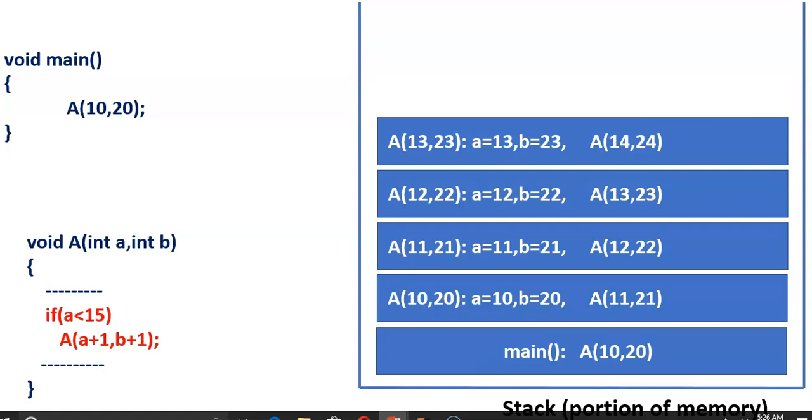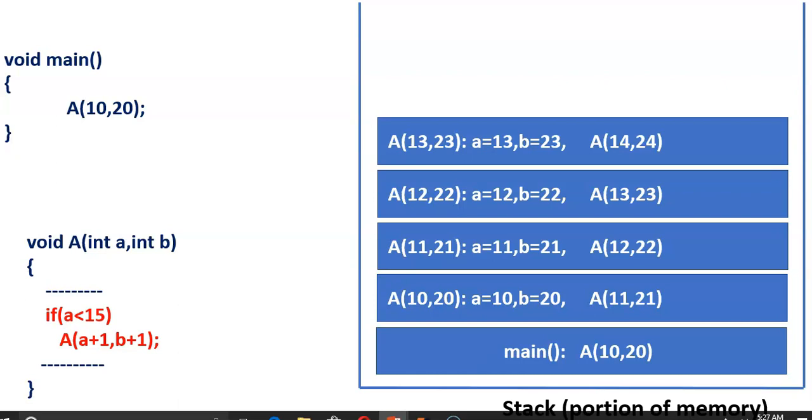In this fashion, once a function execution is completed, its related code and all the local variables declared in that particular function will also be removed from the stack. That's why the local variables declared in a function will not be available to other functions. Why? Because they are removed from the memory once that particular function is completed.